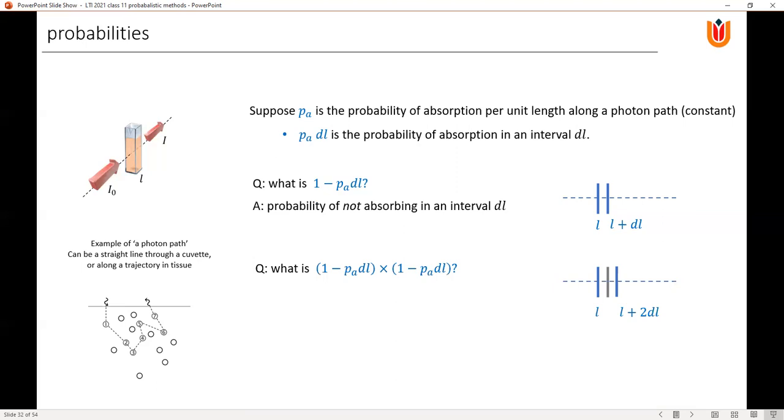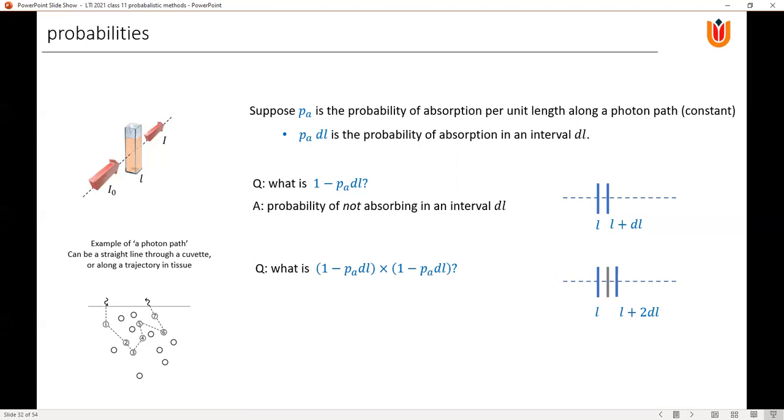So now if we take two of these small segments placed together, what is then this expression? 1 minus PA DL times 1 minus PA DL, same for double length.